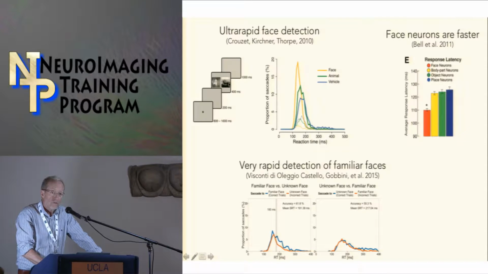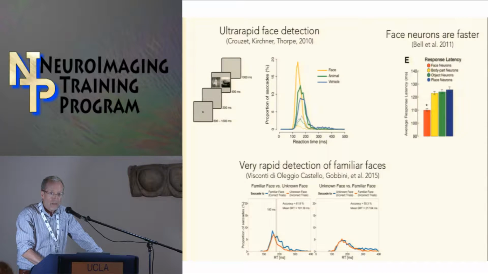And the task is look at the face. These are natural scenes in complex backgrounds. And what they find is that when people are asked to look at the face, they have much faster saccades than if they're asked to look at the object, like the vehicle. And that they get reliably accuracies above chance as fast as 110 milliseconds after the stimulus onset.